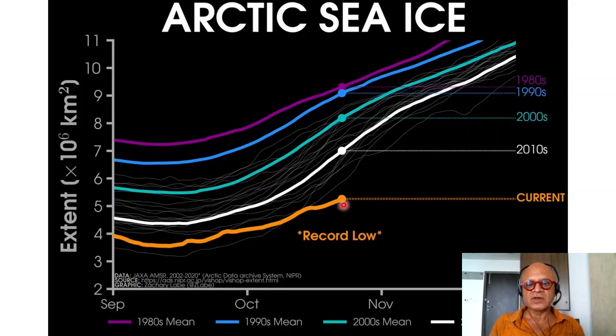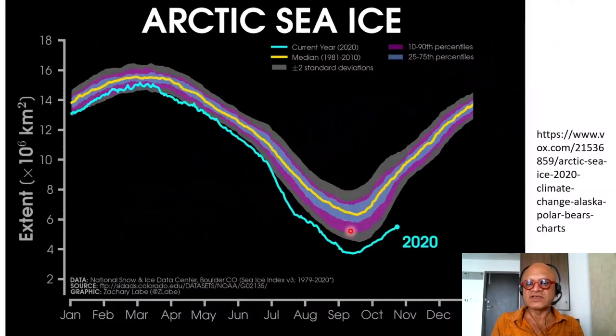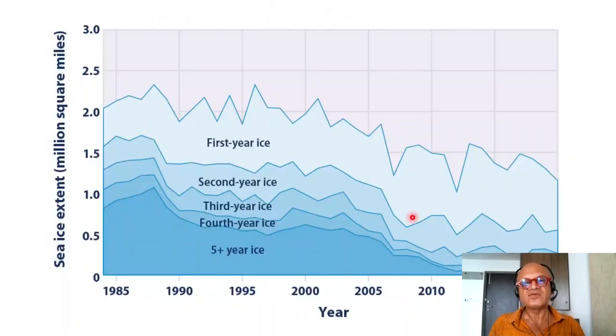The current 2020 was down here, which is just focusing on this part here. So bad news all over. You can also look at it this way: sea ice extent in millions of square miles. So it's the time series from 1985 to 2010.